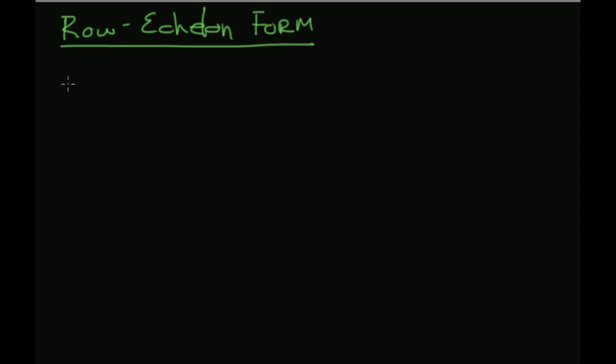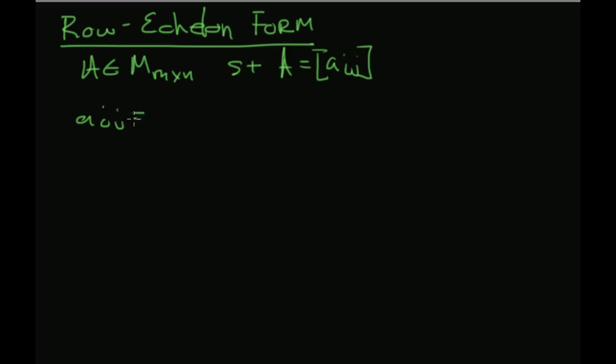So if A is an m by n matrix, such that each of the components of A is Aij, then Aij has to equal 0 when the row is bigger than the column, and Aij has to equal 1 when i is equal to j. So this will give me a row echelon matrix.